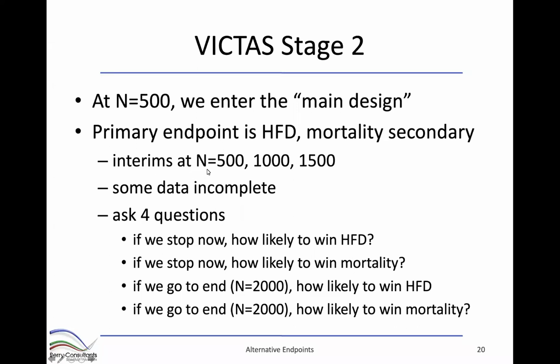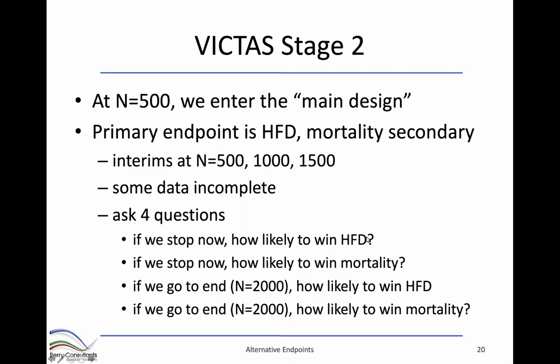The interims are conducted at 500, 1,000, and 1,500. And at each of these interims, some of the data is incomplete. And so we ask 4 questions. The first one is, suppose we stopped now. How likely is it that we would win, and apologies, these should all be pressor and ventilator free days.